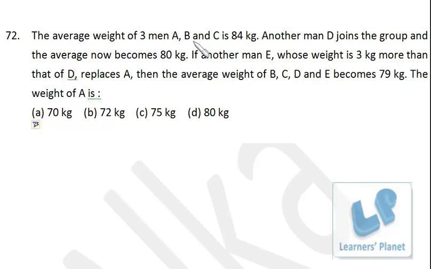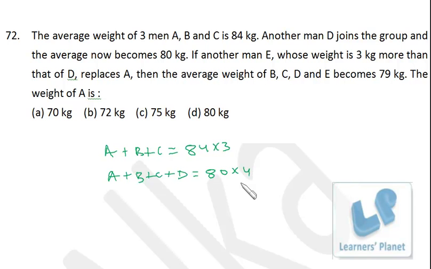Average weight of 3 persons A, B, C is 84. That means A plus B plus C is 84 into 3. Another man D joins the group and the average now becomes 80. So precisely A plus B plus C plus D, the average of the 4 persons is 80, so the total of the 4 persons is 80 into 4.